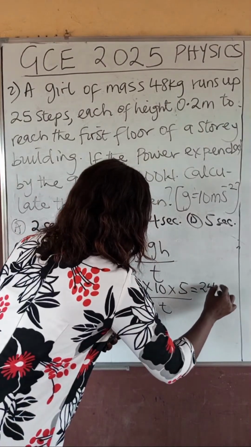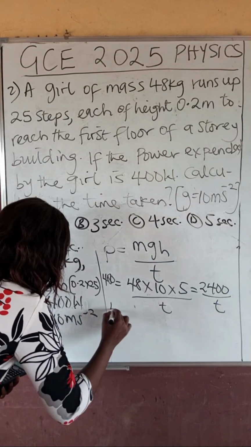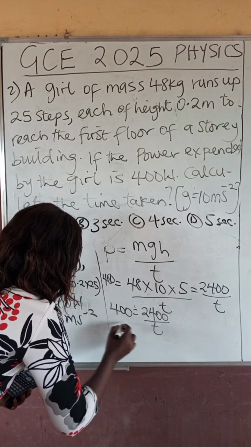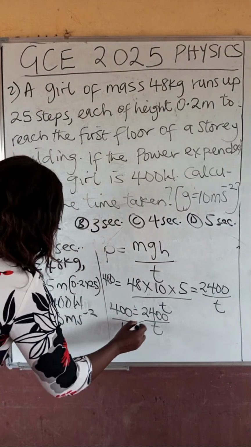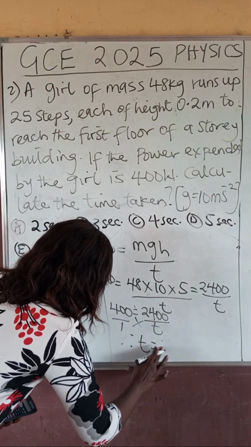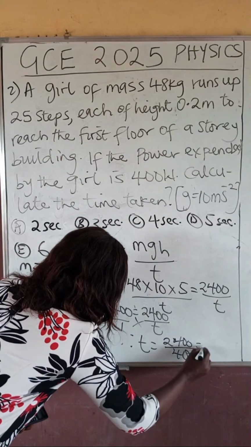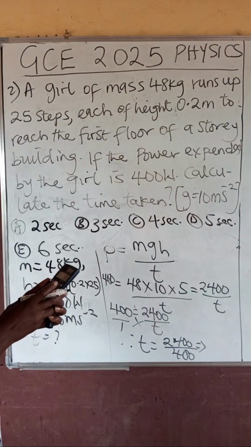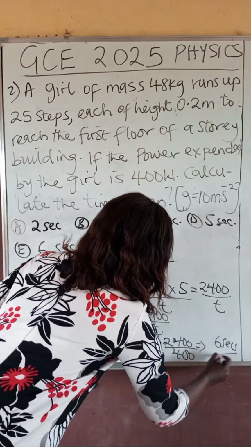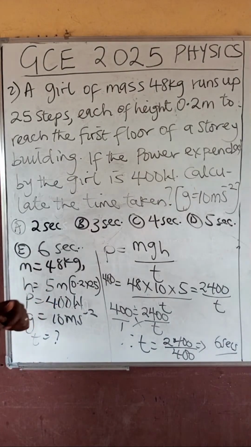This will give me 2,400 divided by time, so 400 is equal to 2,400 over T. If I cross multiply, therefore T is equal to 2,400 over 400. Let's divide. My answer becomes 6 seconds. That means the correct option is option what?